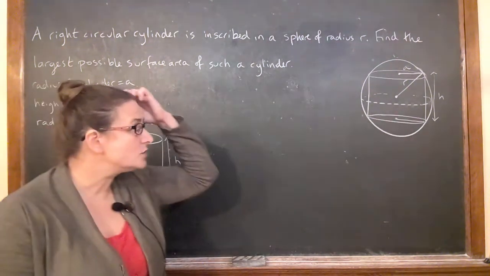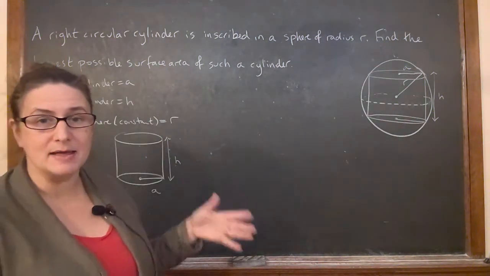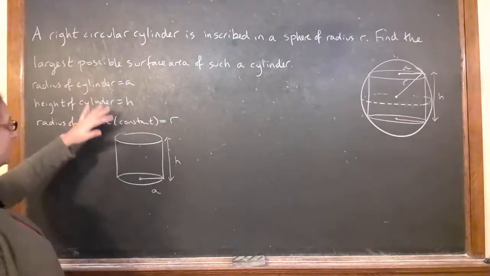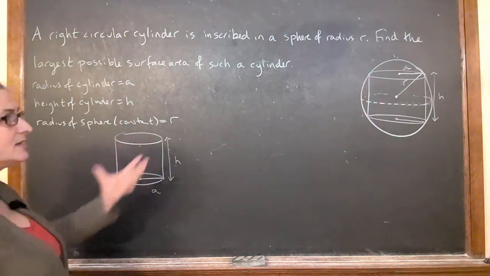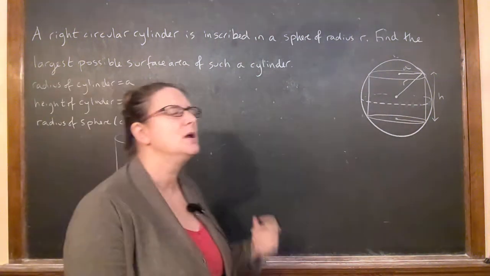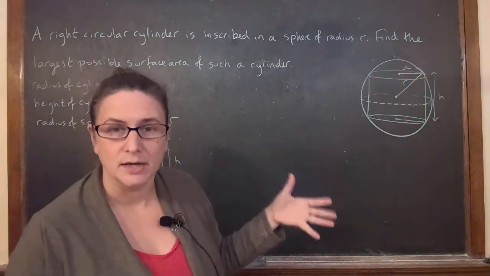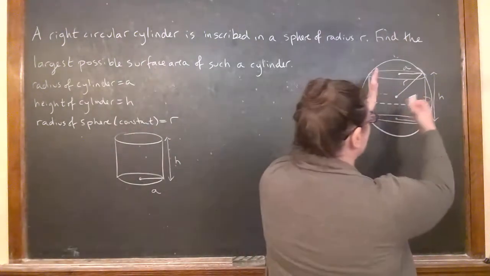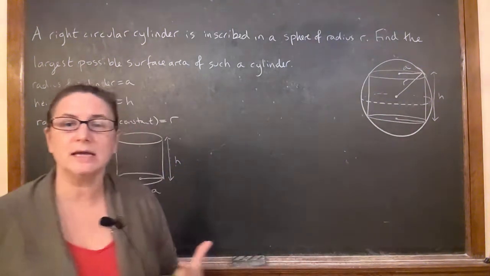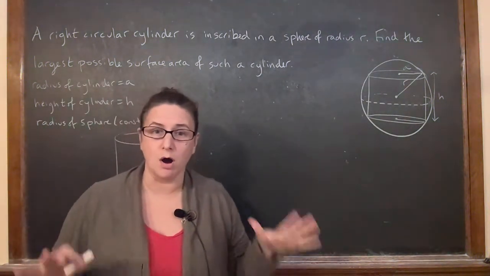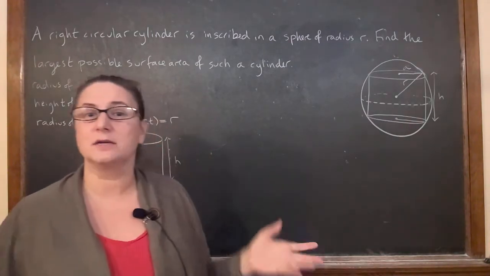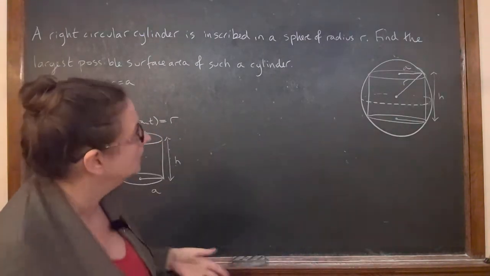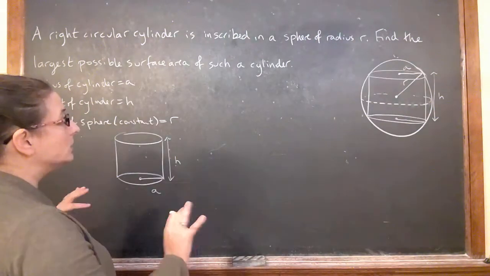I want to make this clear. I gave these two variables a and h because we can change the size of the cylinder inside the sphere by changing the proportions a and h, but we can't change the size of the sphere. So r is a constant. I'm not going to take the derivative with respect to r. In the end, there's going to be an r in my answer, because r is held constant throughout.